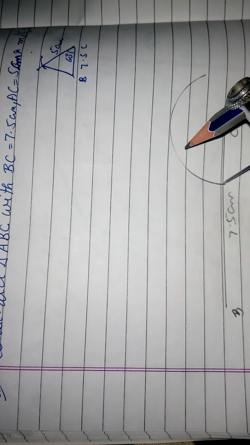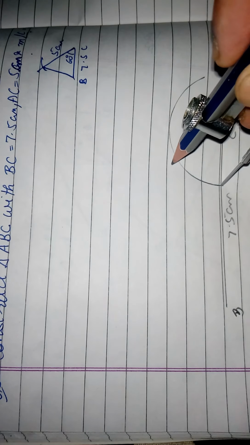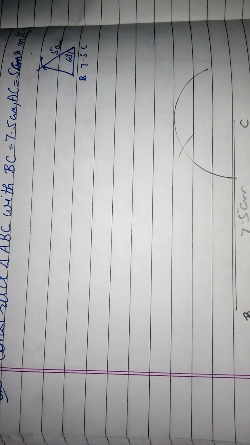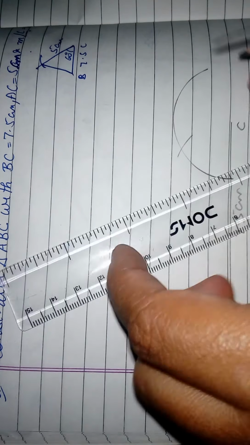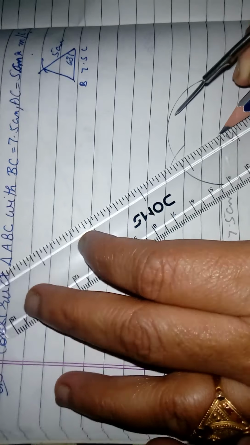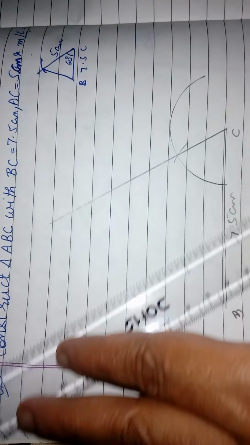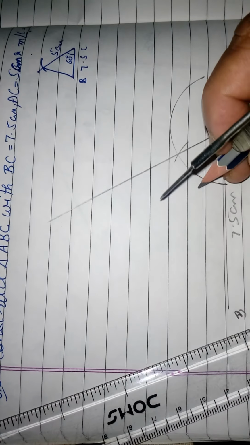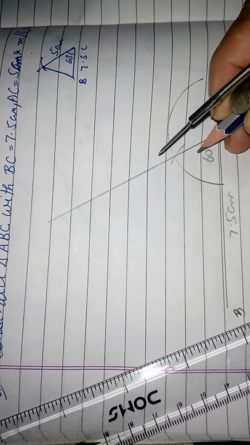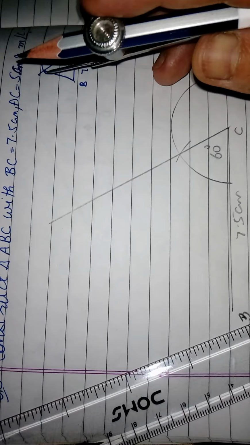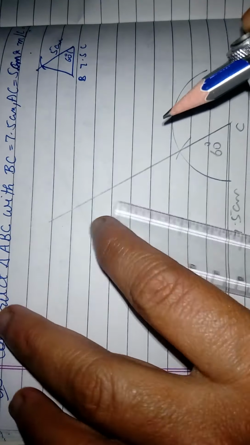Now first arc 0, this is 60. Now when you pass a line segment, we will get an angle of 60 degrees. Right here, 60 degrees.